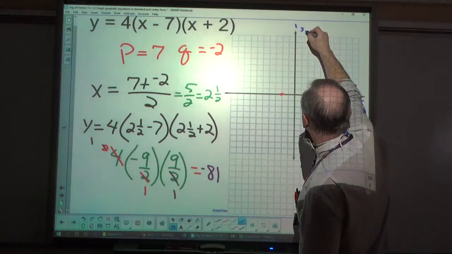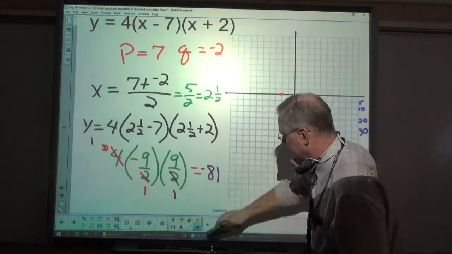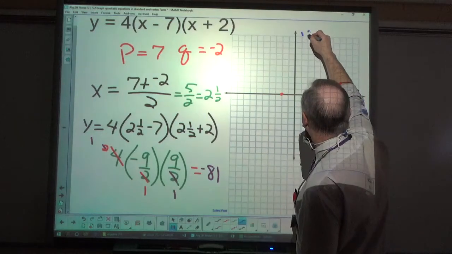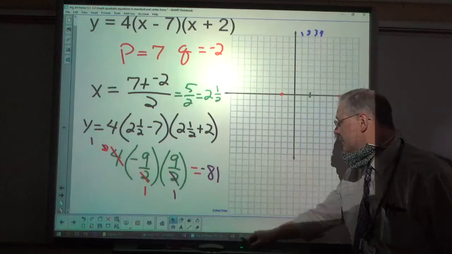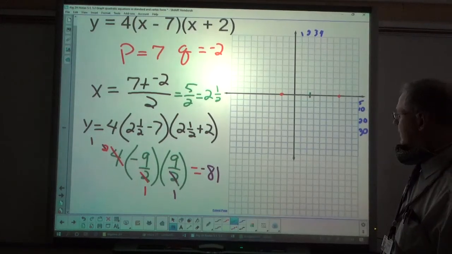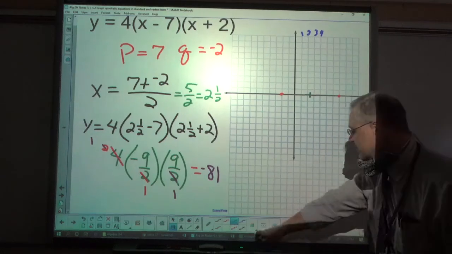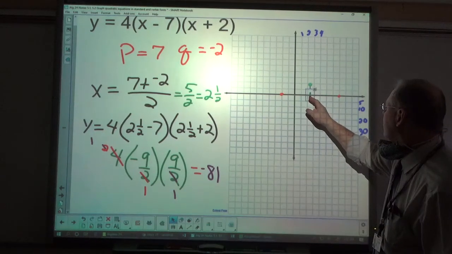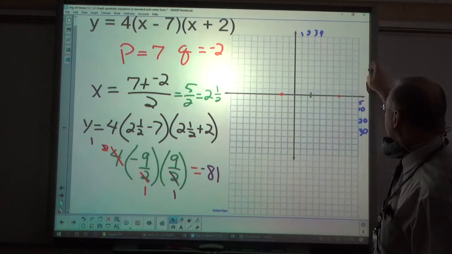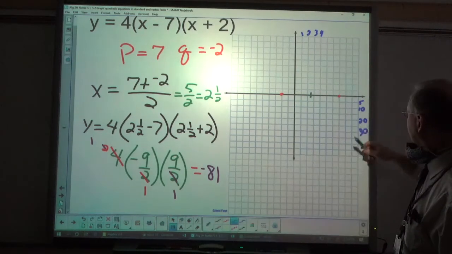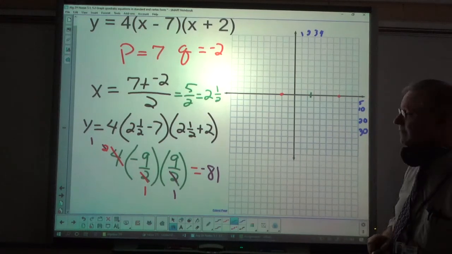So 0. Let's start again. 1, 2, 3, 4, like that. All right. So to plot that point, 2.5, that's not quite at 2.5. It really needs to go over a tiny bit, right? Right there. All right. Come on, behave. 2.5, and then every 2 squares would be 10.